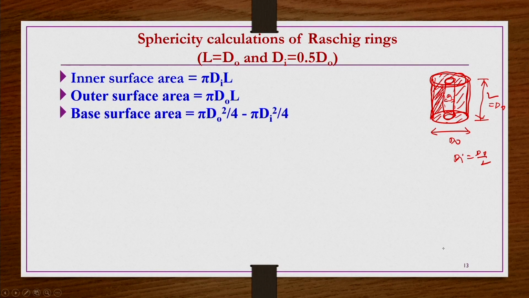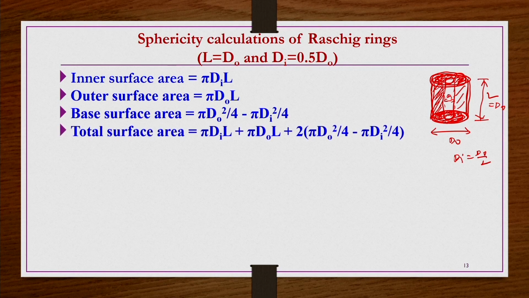Similarly, the base surface area is pi d naught square by 4 minus pi di square by 4, that is, the outer circle area minus the inner circle area. It is multiplied by 2, since there are 2 sides, the bottom one and the top one.